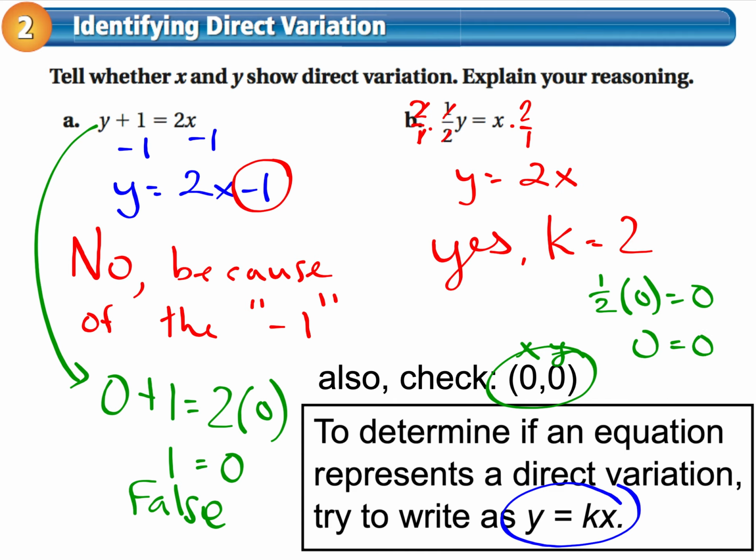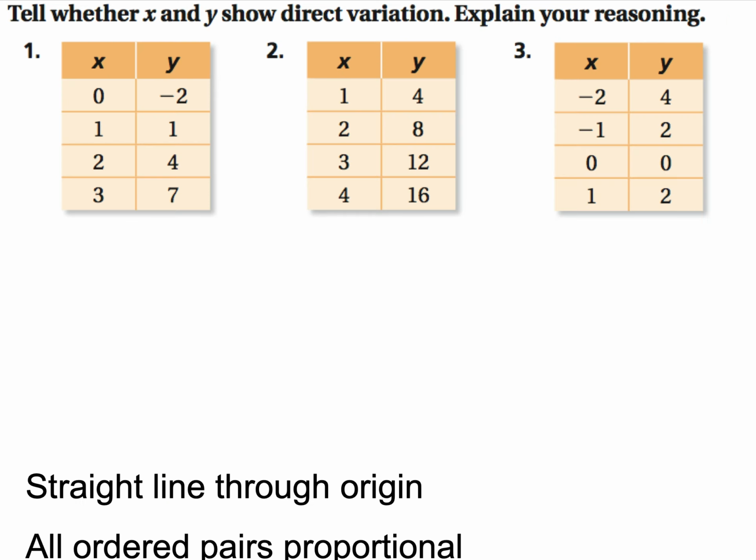That means it does go through the origin. That by itself does not guarantee that it's a direct variation. But it makes it so all we have to do is check to see if they are proportional otherwise. And since I can solve this one to get y by itself, and it's y equals a number times x, then it's definitely a direct variation.